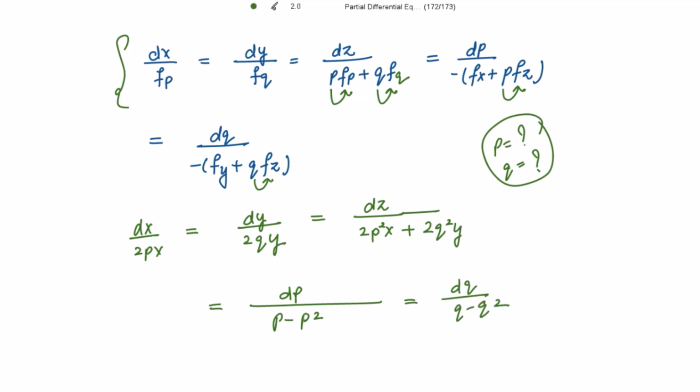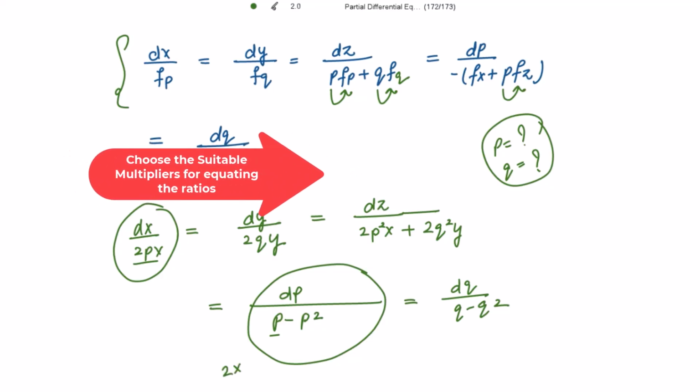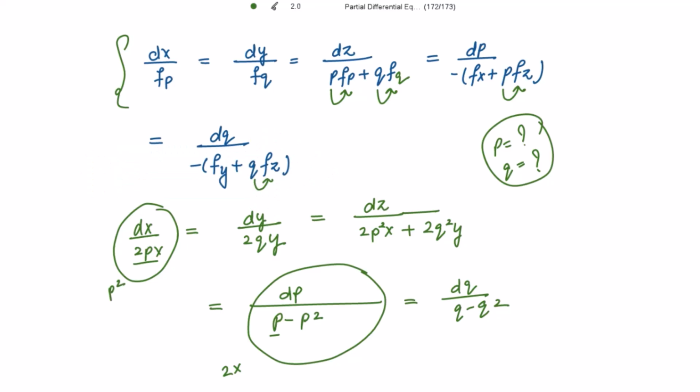Okay, now let's check. I'm interested in taking these two ratios. I'm having 2px over here and p over here. So I need to take the multiplier as 2x with dp, and I need to take the multiplier p square for dx.